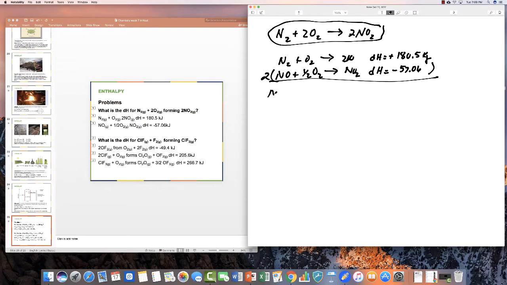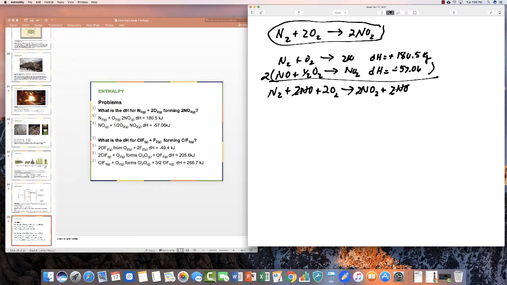So if we do this and add these two together, we end up with N2 plus 2 times NO plus 2O2, goes to form 2NO2 plus 2NO. Now the nice thing here is that the 2NO cancels out, and you end up with this.